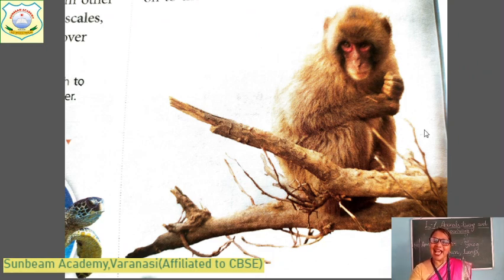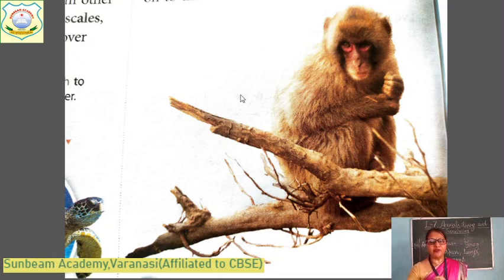Yes, children, what is this? This is monkey. And this another type of group is called arboreal. What are arboreal animals? Animals who live on trees, like squirrel and monkey. They have special type of hands and legs because they swing on these stems. They have furry skin also, and strong hands, and they have a tail.